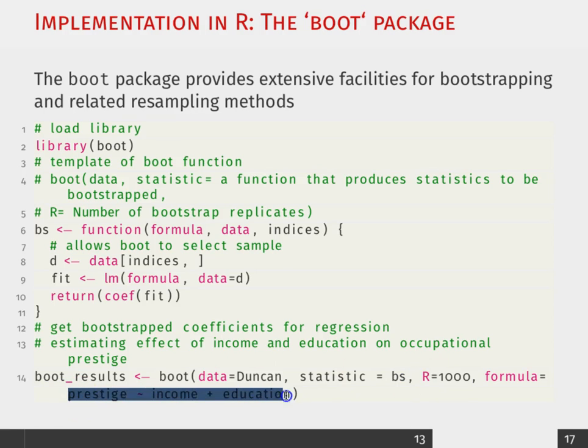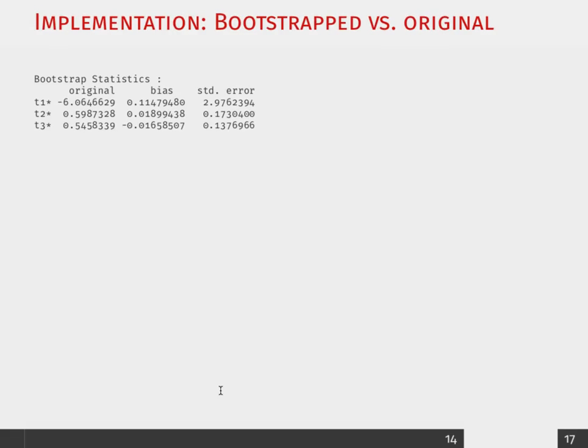And the regression that we're interested in running, you'll maybe remember this from previous classes, is estimating the prestige of an occupation based on the income level and the education of an individual. What's really nice about this package is that we can look at what our estimates would be if we were using a normal parametric model with our normal assumptions, right?